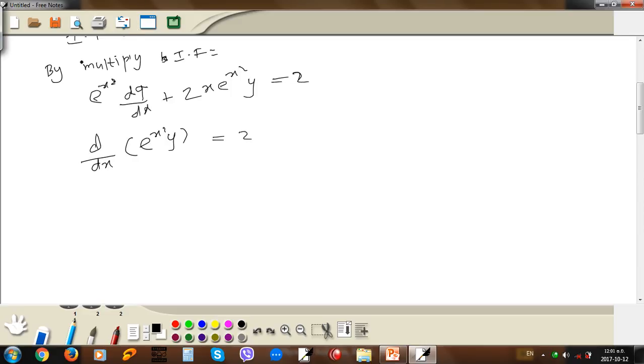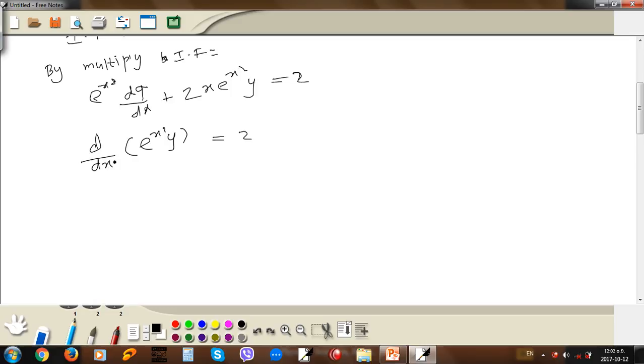We will check whether that is correct or wrong. e^(x²) times dy/dx, plus y times the differentiation of e^(x²), which is 2x e^(x²). Yes, we can write it in that form. That's correct.